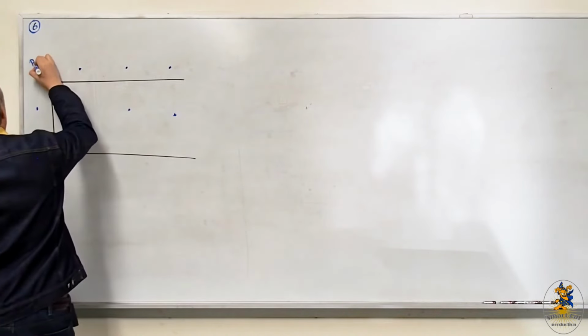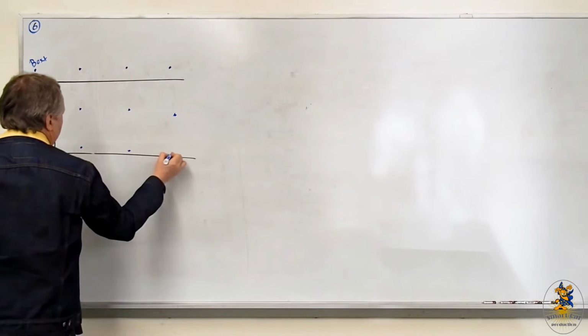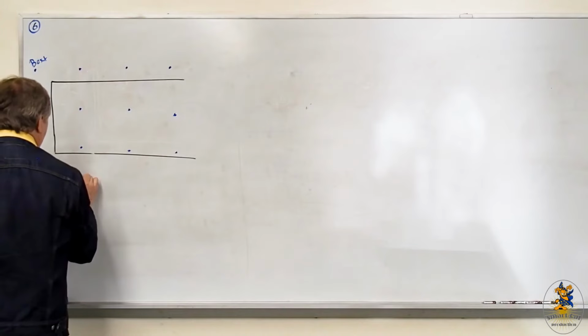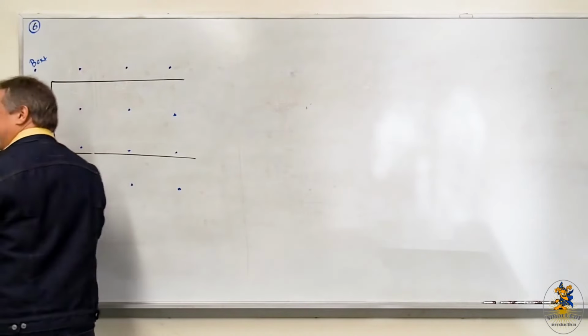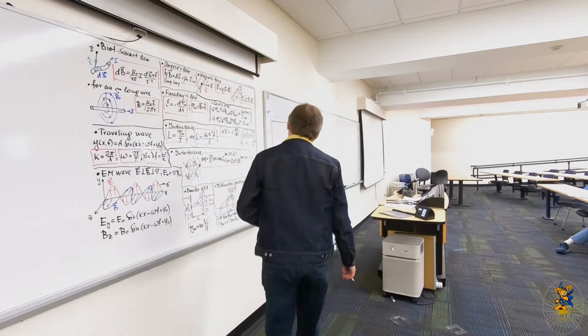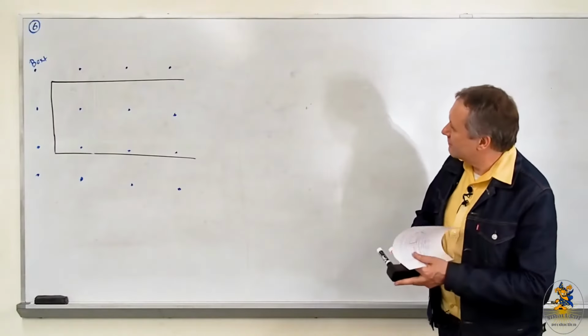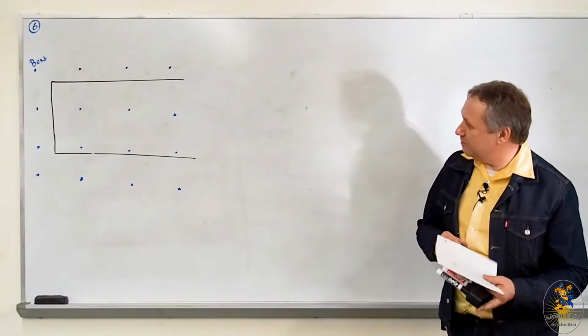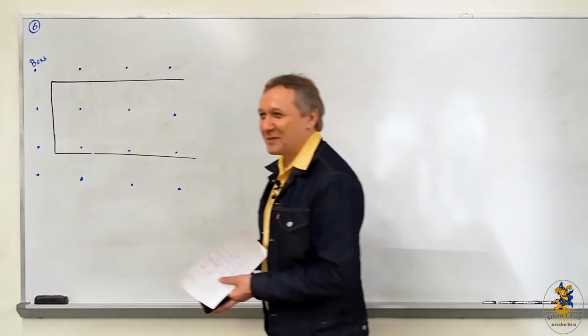So it's B external. I skipped the circles, just dots, too many circles to draw. So B external. Looks like some kind of rash on the surface of the board.